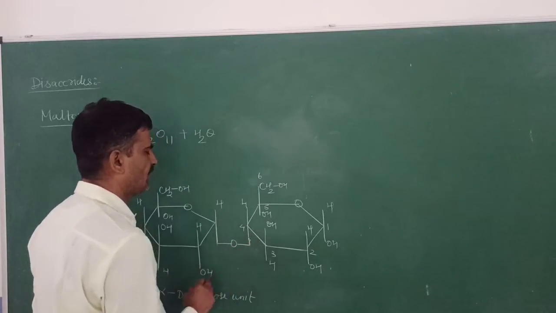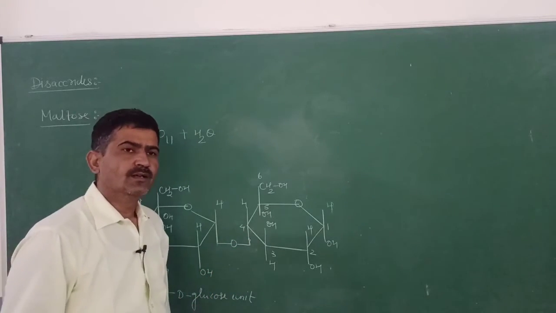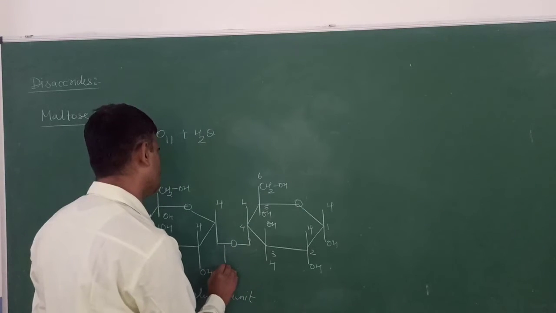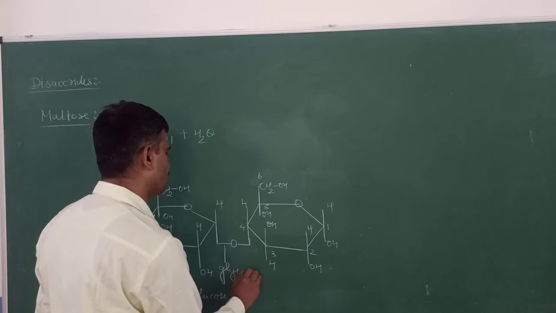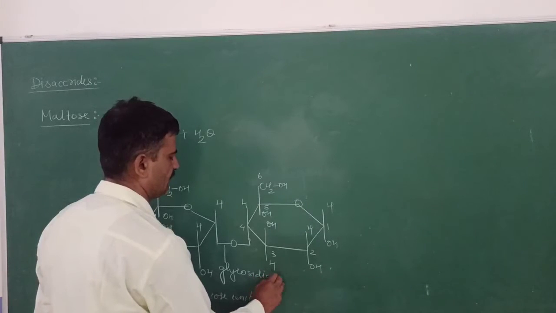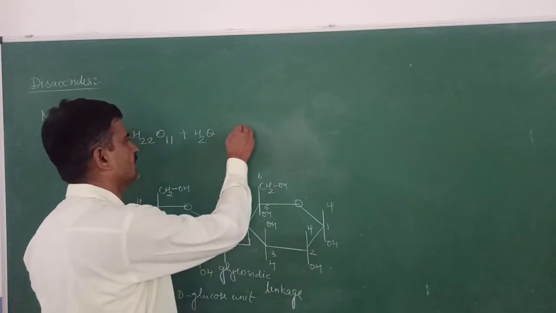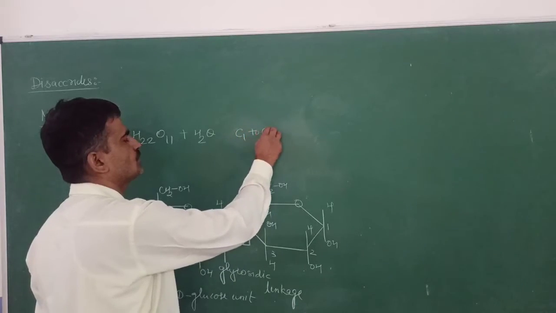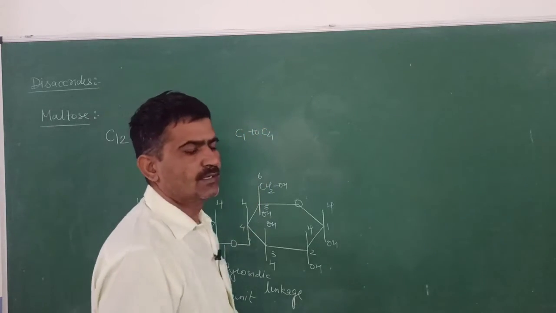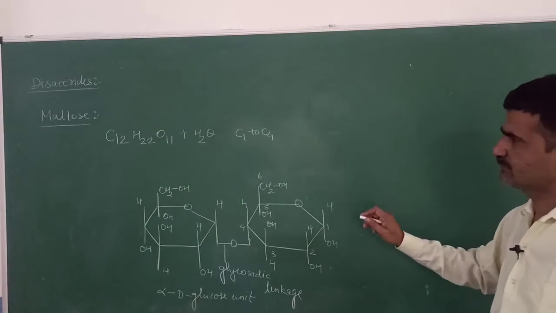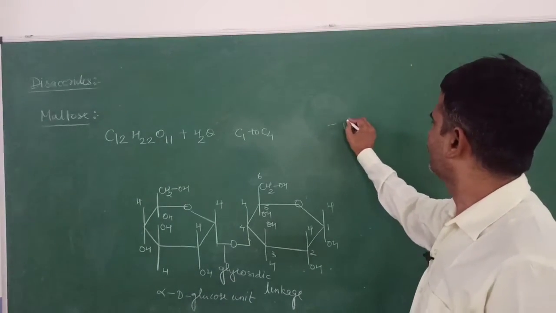These are linked together by means of the linkage, and this linkage is called the glycosidic linkage. In maltose there is a C1 to C4 linkage present, and this maltose is a reducing sugar.